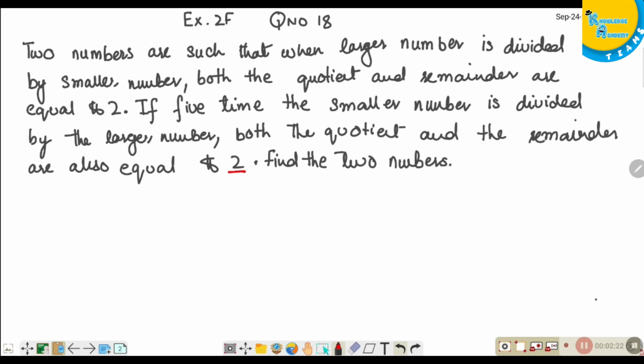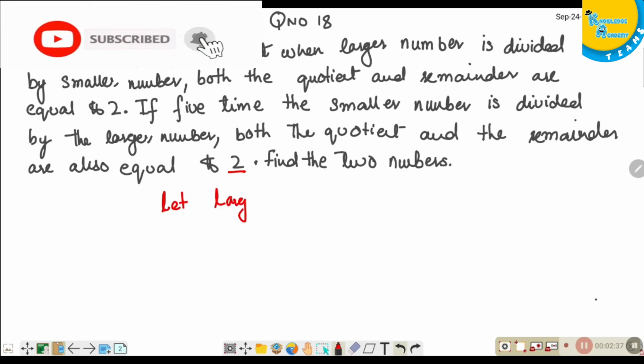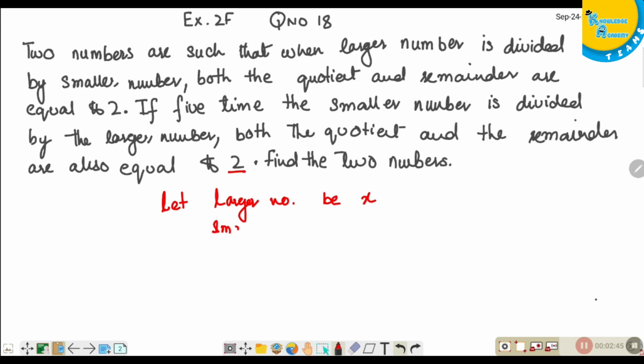Find the two numbers. So as we all know, the two numbers are going to be x and y. Let the larger number be x and the smaller number be y.